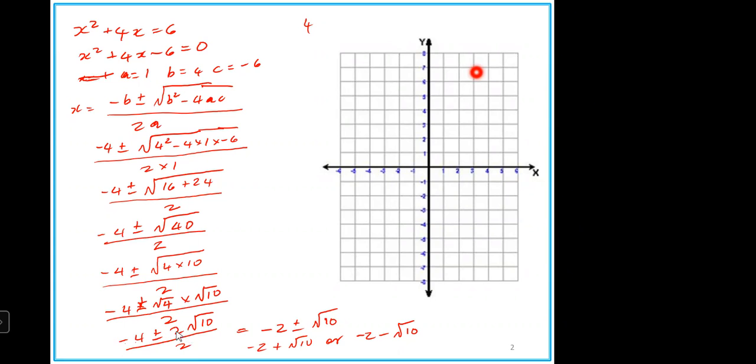When you're canceling here, you have to cancel for both of them to simplify. You can't just cancel on one. So if I say 2 into 2 is 1, and 2 into this is 1, I also have to do something up here. You can't just do this portion by itself. If for example this was a 5 and I couldn't divide the 5 by 2, then I couldn't do any canceling up here. I'd just have to leave it as -5 plus or minus 2 square root 10 over 2.